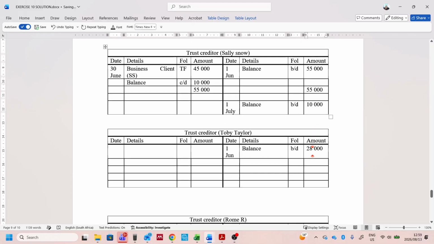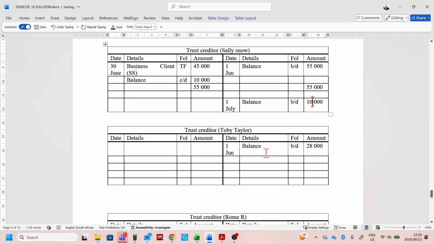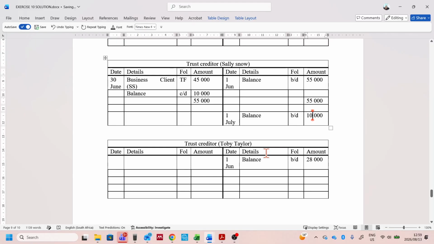So you guys will do the same thing for Toby Tyler, yes? So every time you're done recording transactions in the account, you check which side is the bigger side. The side that is the biggest, you use as the total side.